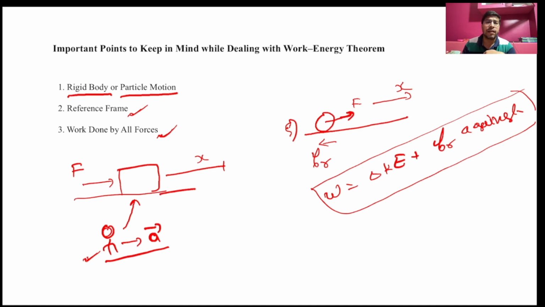Even in cricket, when the batsman is hitting the ball, all the work done by the batsman is not converted into kinetic energy of the ball. Why? Because you can hear the sound of the bat and ball, so some energy gets converted into sound energy.